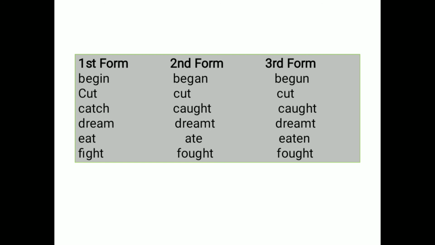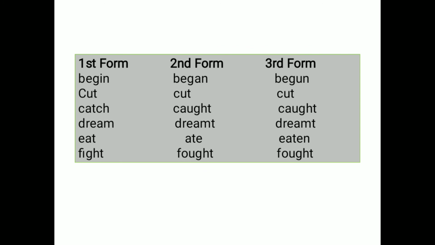But here we are going to study the irregular form of verb. In this, we have to understand that the first form of the verb may not be the same as the second form and the third. Here, the first form, second form and third form of the verb have been given. The first example is begin, second is began, third is begun.